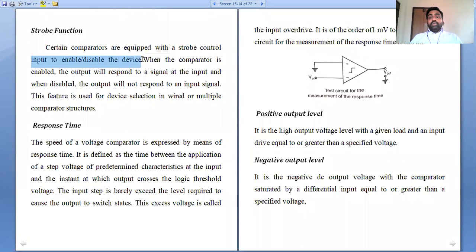Okay, how does that happen? When the comparator is enabled with the help of the strobe function, the output signal will respond with respect to the input signal. Whenever the strobe function disables the input, the output doesn't respond with respect to the input.